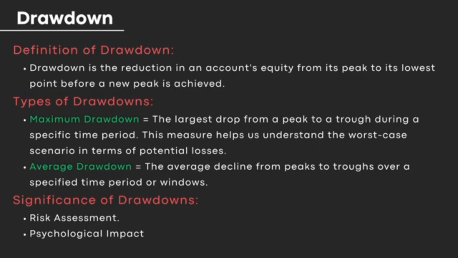And then we've got average drawdowns, which looks at the average decline from peaks to troughs over a set time frame. Peak is basically the highest point, and trough is the lowest point, or basically your winning streak or losing streak. It helps give you a sense of what your typical losing streak looks like. As traders, we know, and I believe in this fact, that losses are inevitable.